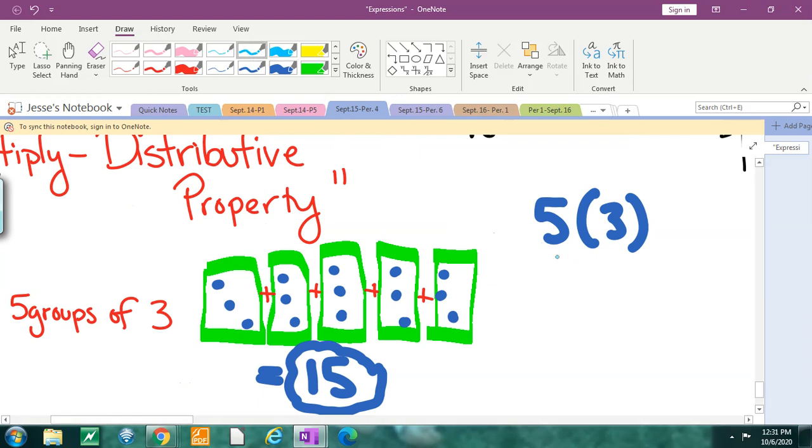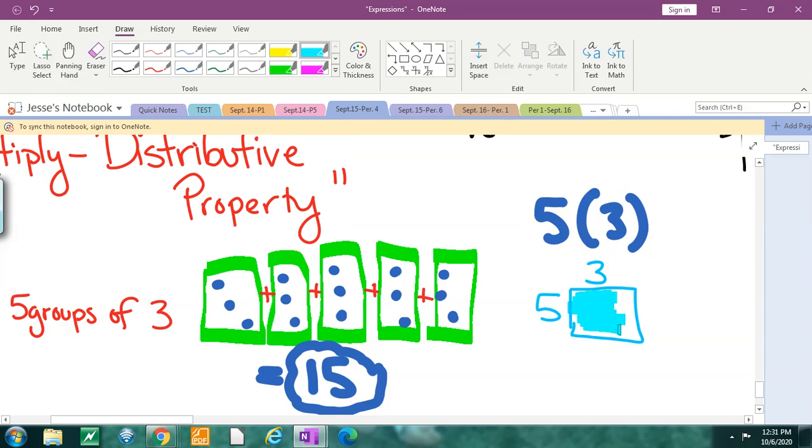Okay, so what does that mean? 5 times 3. So when you get the area of something, it means 5 times 3. The area of a product is length times width. Okay, so you get 5 times 3.